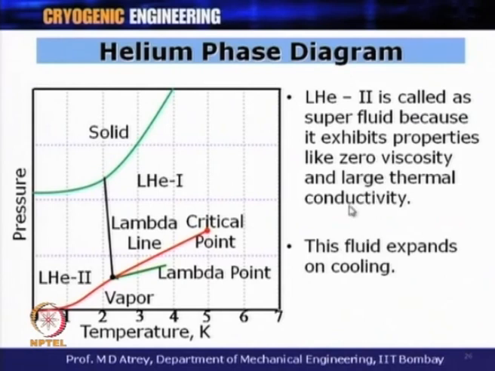In addition to that, it has some very funny properties. A lot of research is being done on helium 2 to understand its behavior. This is called superfluid. Because of its very high thermal conductivity and its zero viscosity, it has different applications. It ensures that all the superconducting accelerator magnets are cooled. For example, in CERN, all the magnets are cooled at 1.8 Kelvin, which is nothing but superfluid.